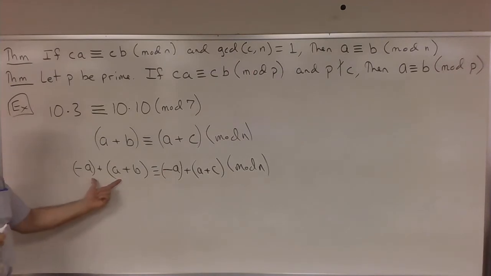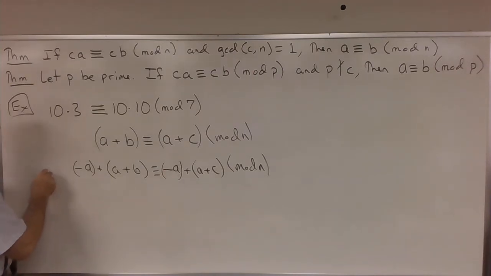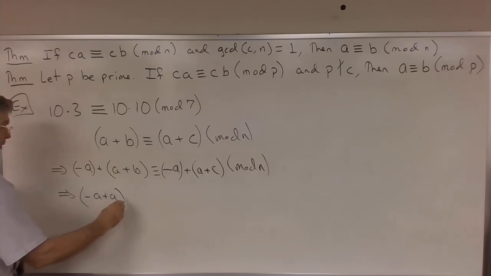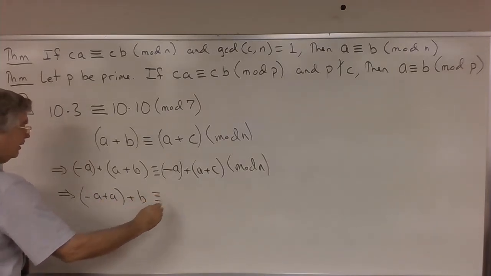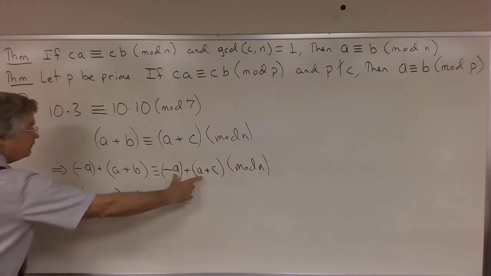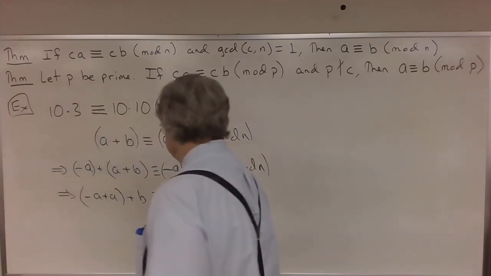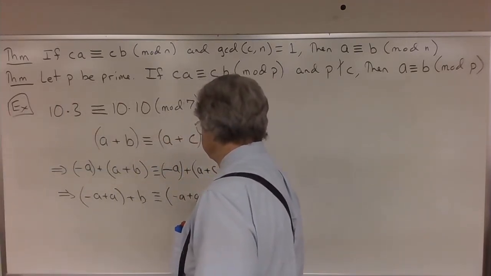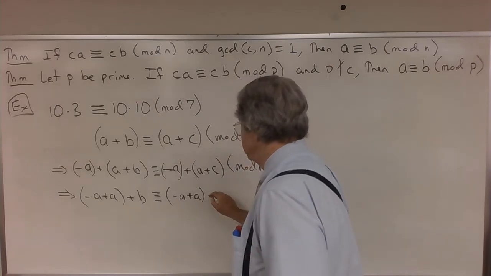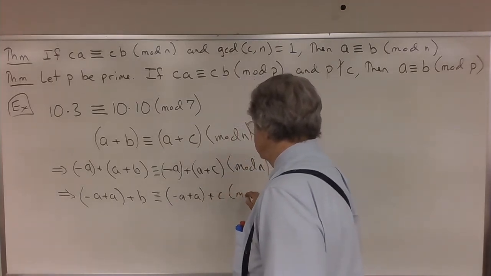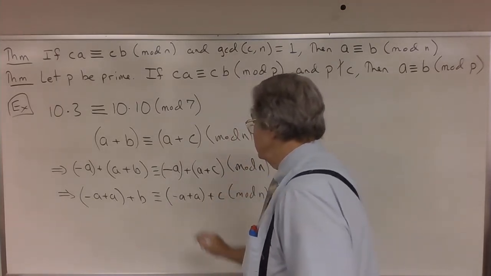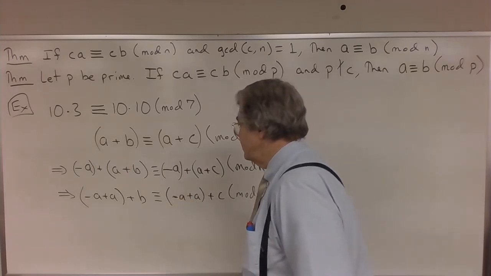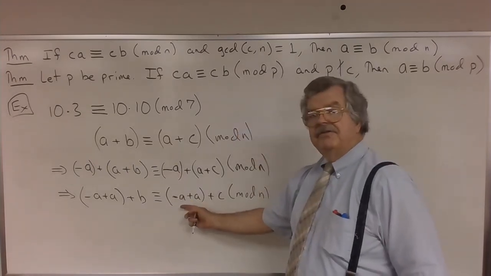And addition's associative, so we could associate these two things together first, and we could associate these two things together first. This is just 0.